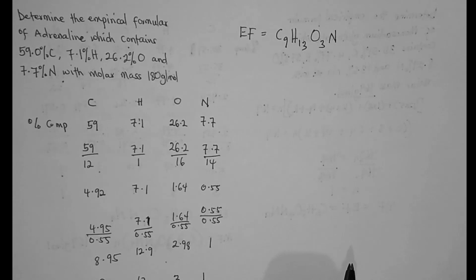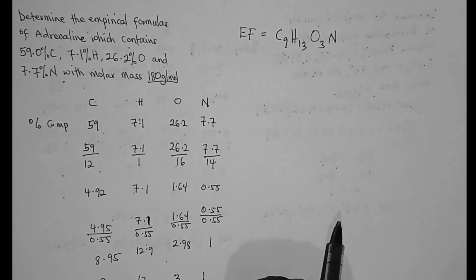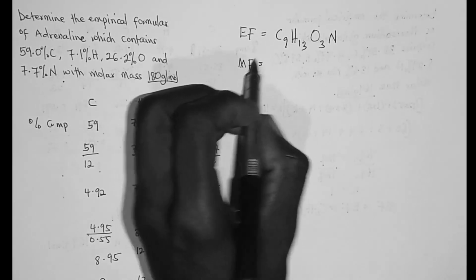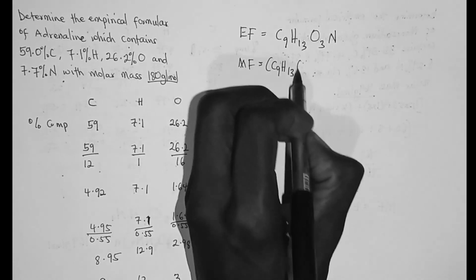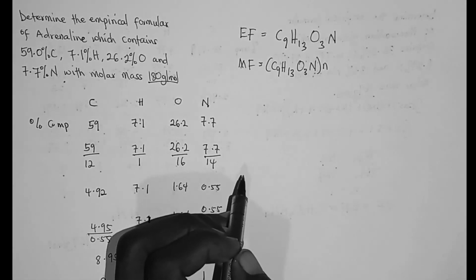Then now, they give us a molar mass of 180 grams per mole. So we can go ahead and find the molecular formula. So the molecular formula is equal to C9H13O3N times n, small n.